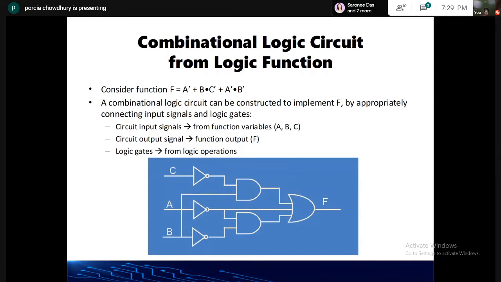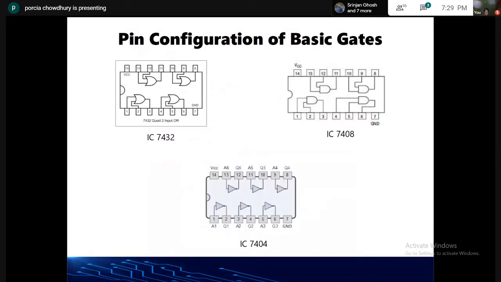So using 3 chips, we can form this circuit. Now suppose in a circuit you have 6 AND gates. In that case, instead of 1 chip, you need 2 chips, because 6 means 4 plus 2. One chip is sufficient for 4 gates, but not more than that. Whenever we cross 4 gates, we need another chip. In this way we go on to prepare a circuit.